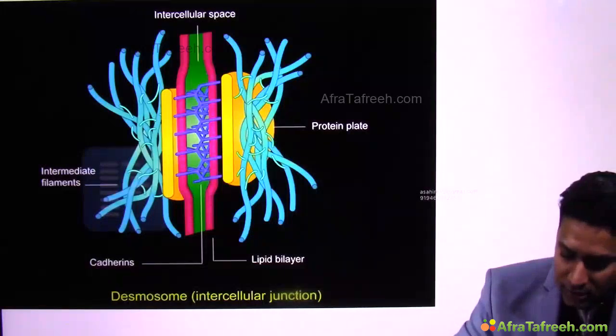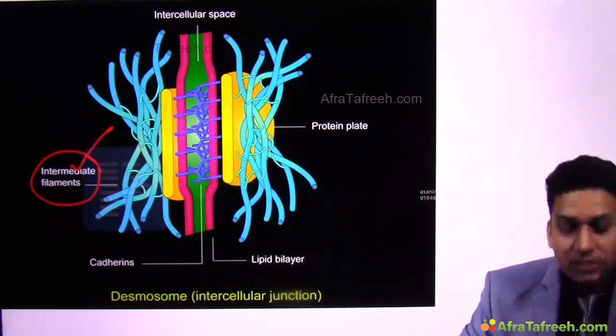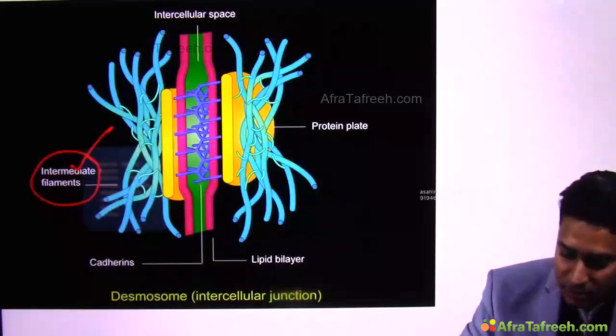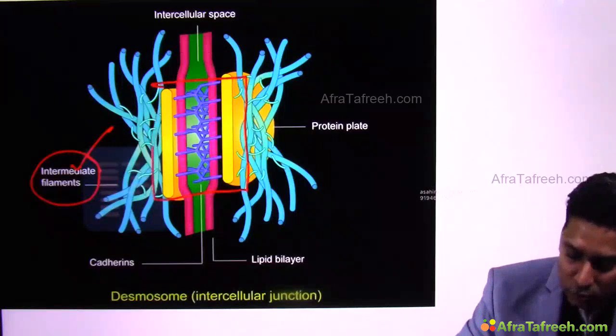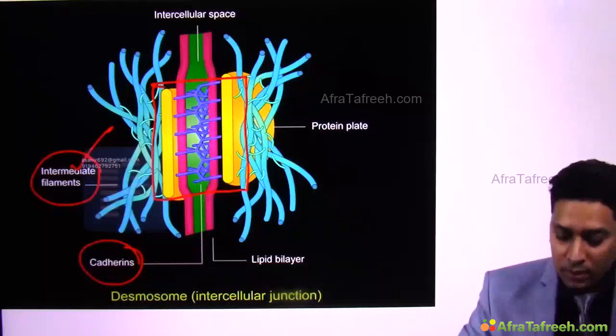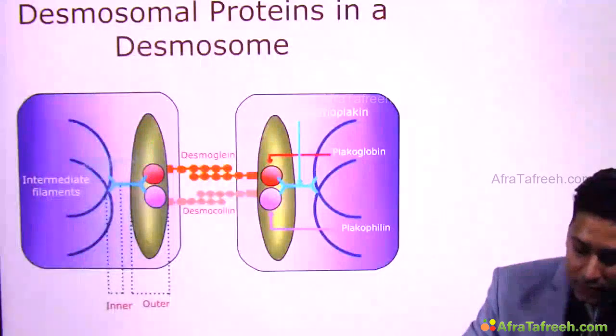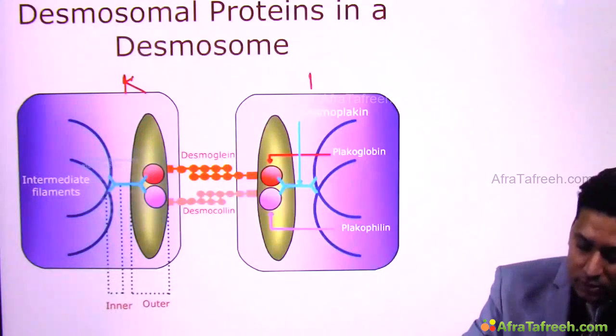So you can again see these are the intermediate filaments, that is the keratin filaments, and they are attached together via desmosomes. And desmosomes, I told you, they belong to which gene family? Cadherin gene family.